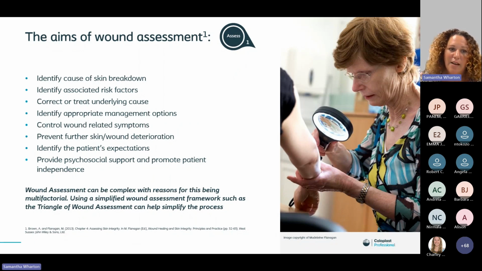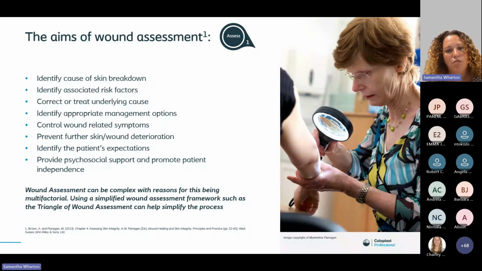Preventing that skin breakdown, like we identified, that exudate sitting on the skin will cause further deterioration. And it also allows a good conversation with the patient to manage their expectations and have that open and honest conversation and provide psychosocial support and promote patient independence. So as we go through this framework, you'll see that it's a very simplified approach with those 3 steps.